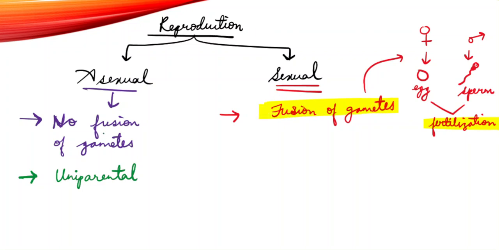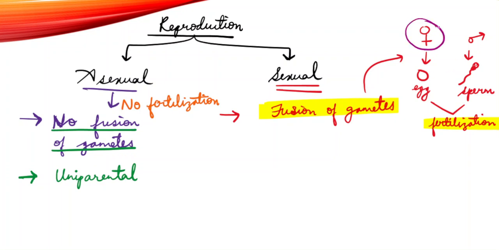If there is no fusion of gametes, you can write here that there is no fertilization. If there is a female and a male, it is a condition known as biparental, meaning two parents are required.